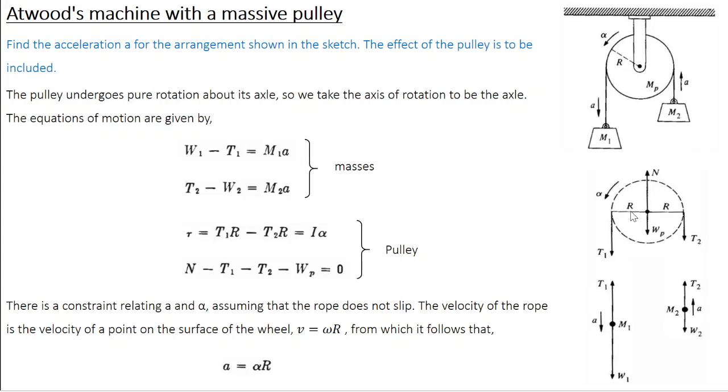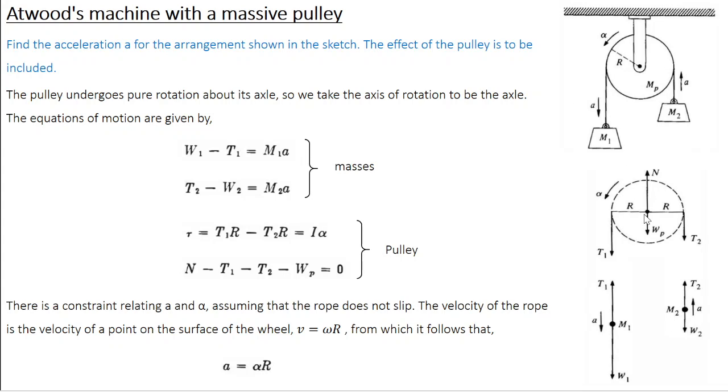So on the left hand side I have T1R. On the right hand side the direction is into the page, which you take as the negative direction, so we have minus T2R. This is the total moment of force, which is equal to I into alpha, where alpha is the angular acceleration and I is the moment of inertia of this rotating disc.